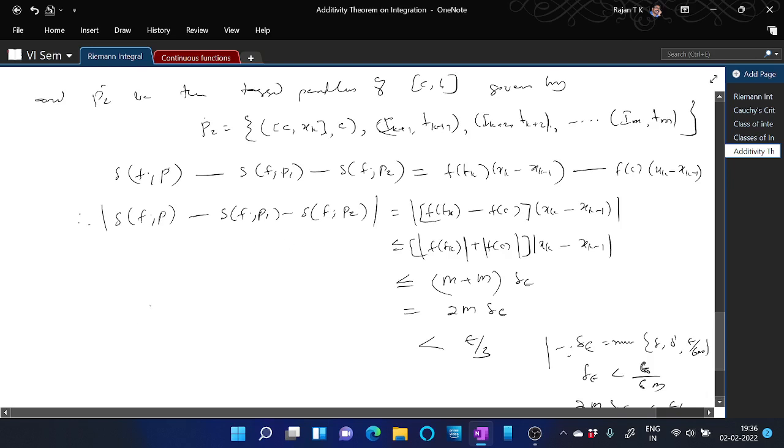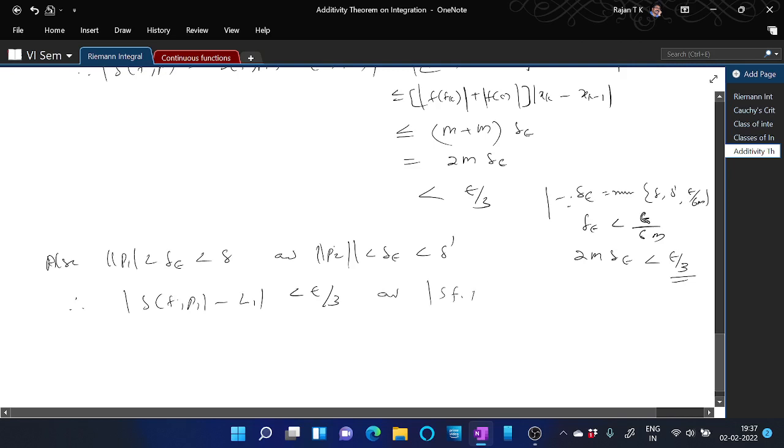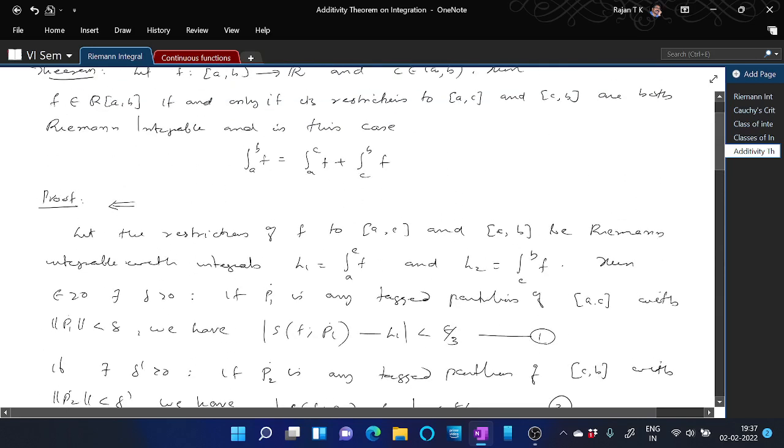So norm of P1 is less than delta epsilon, which is clearly less than delta dash, and norm of P2 is also less than delta epsilon, which is less than delta dash, and therefore we have modulus of S of P1 minus L1 is less than epsilon by 3, and modulus of S of P2 minus L2 is less than epsilon by 3 by the condition we have in 1 and 2.